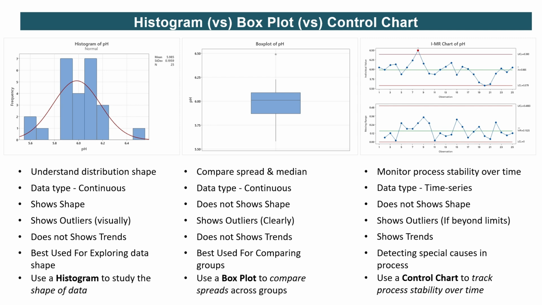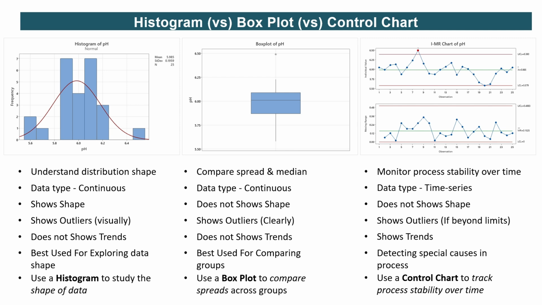So if I want to summarize, use histogram to study the shape of the data, use box plot to compare the spread across multiple groups of the data, and use control chart to track process stability over a period of time. So next time, if you want to analyze process data, especially the variability in your process data, you can ask yourself three questions. Am I exploring the distribution of the data?